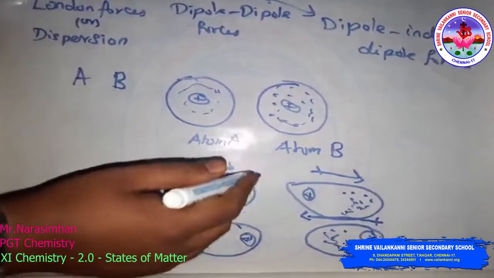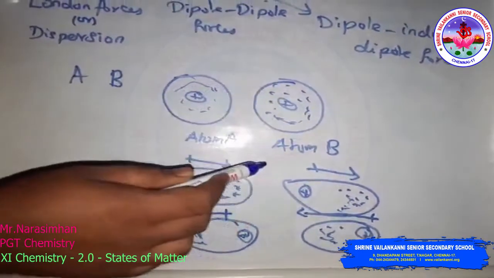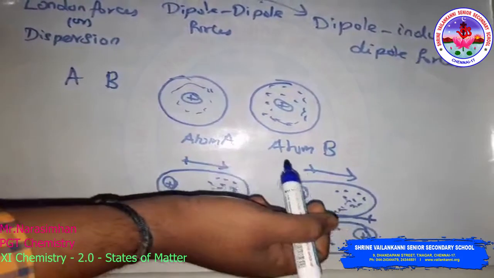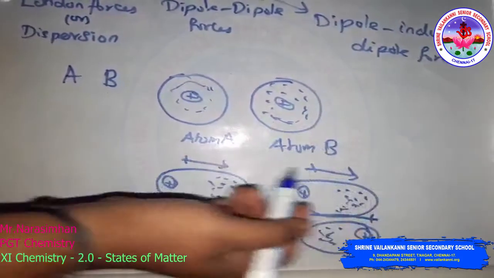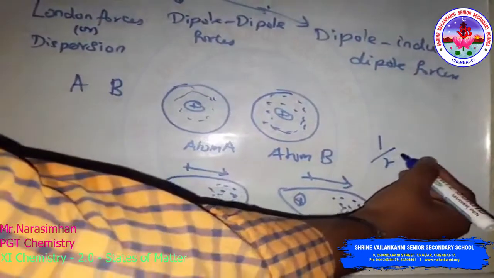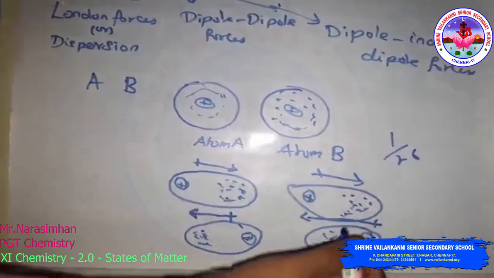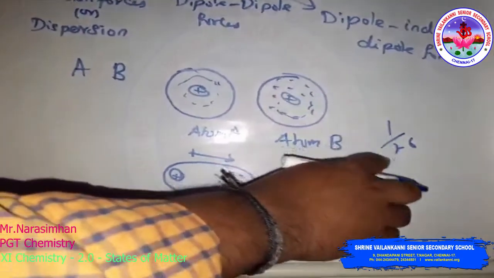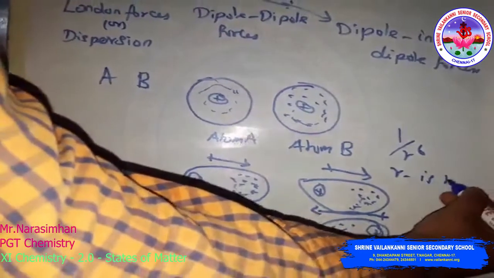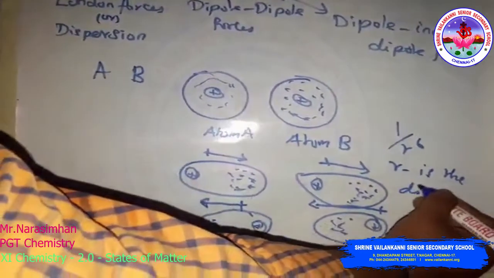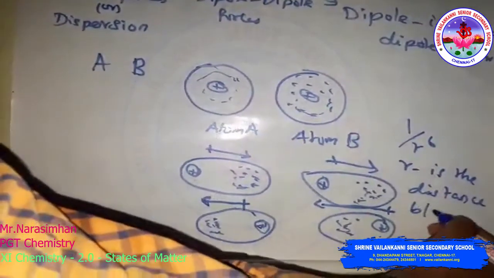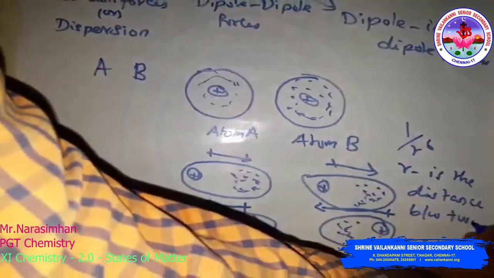These forces are always attractive and the interaction energy is inversely proportional to the sixth power of the distance between the interacting particles, that is 1 by r power 6, where r is the distance between the two particles.